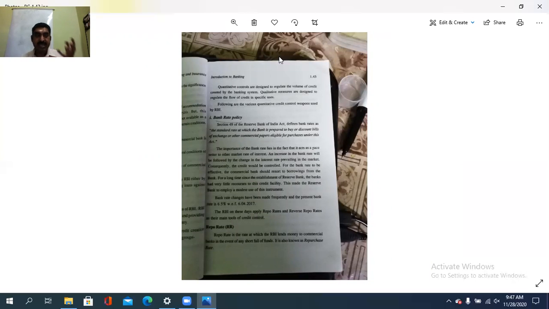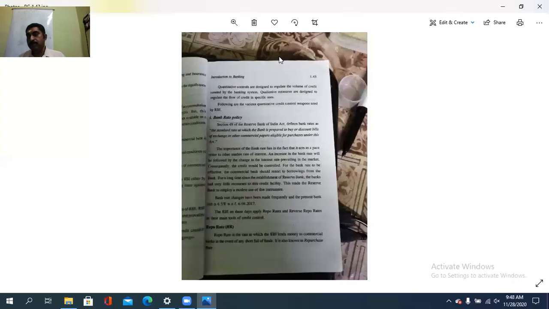Bank rate policy: the standard rate to be fixed to buy or sell, or to buy only, or discounting the bill of exchange or any other commercial papers that are eligible for purchase under the Banking Regulation Act. Some standard policies or standard rate to be set there.